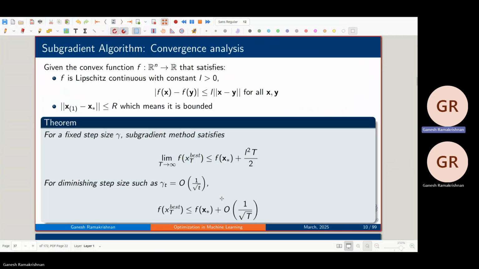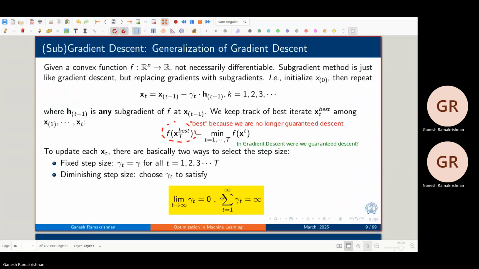Okay, so why should it not be finite? One question I have here: why should it be divergent? Why should it not be finite? What happens if the gamma t's go to 0 and the sum is finite?